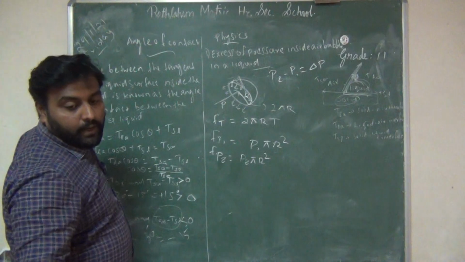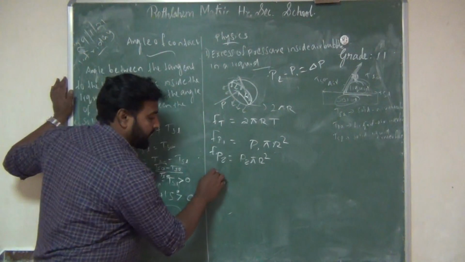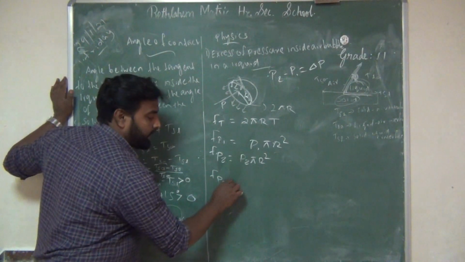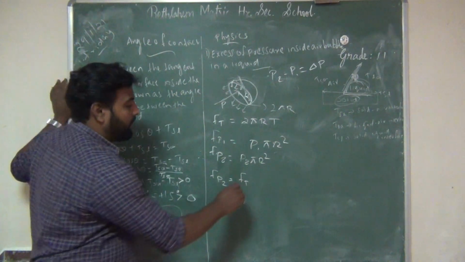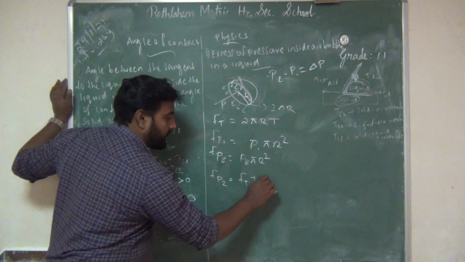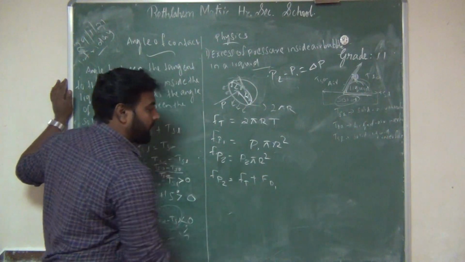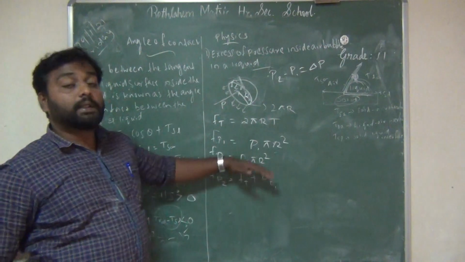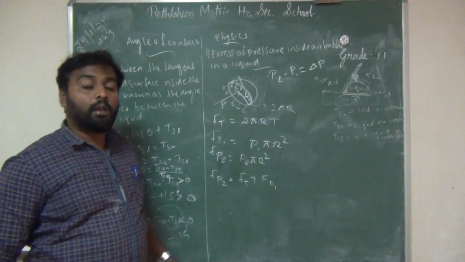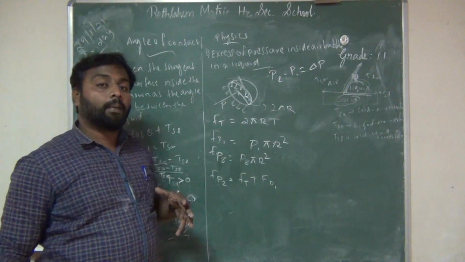Now to find the excess pressure, the inside force Fp2 is equal to Ft plus Fp1.